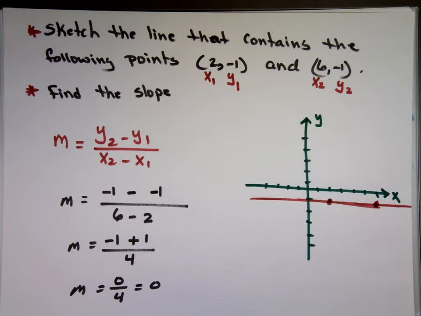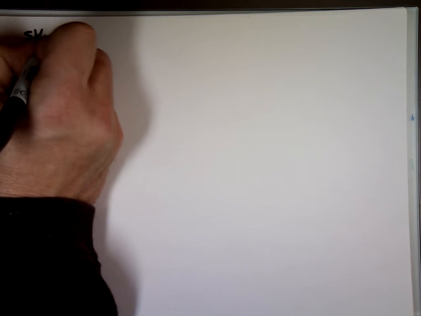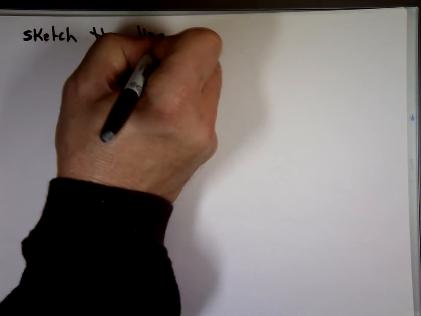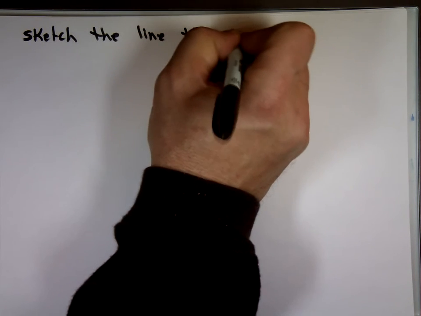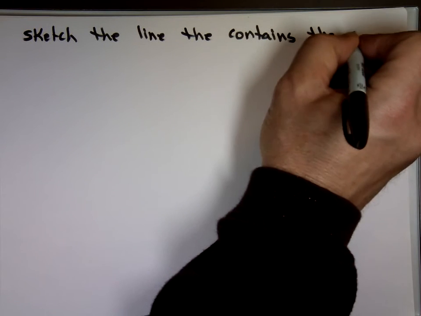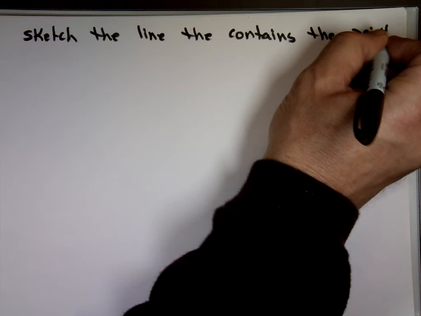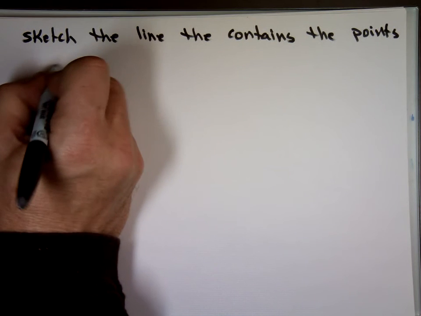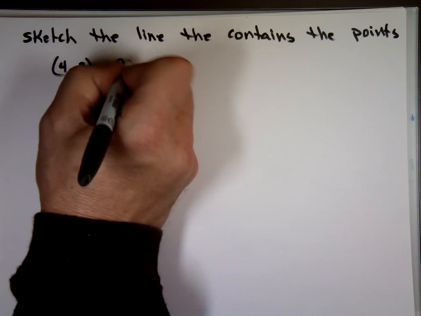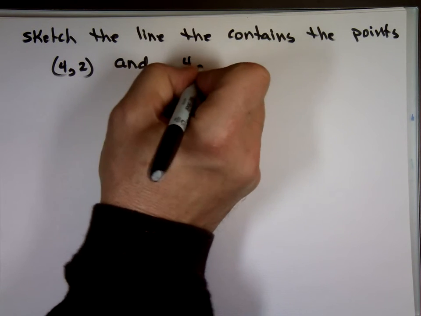Couple more things, then we're done with this section. Let's do another sketch. The line that contains the points 4 and 2 and 4 and negative 3.